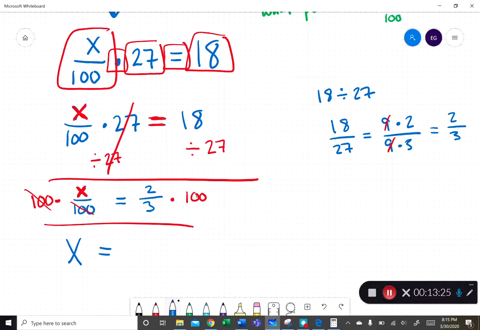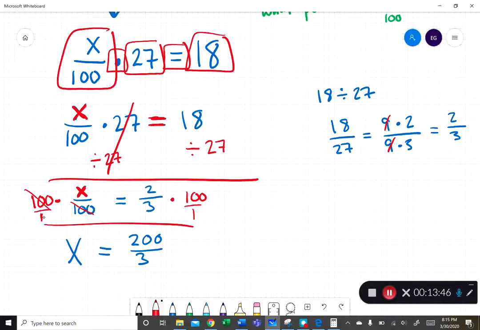And on the right-hand side, we have 2/3 times 100, or 2 times 100. So that's 200 divided by 3. So we can look at the 100 as being a fraction 100 over 1.